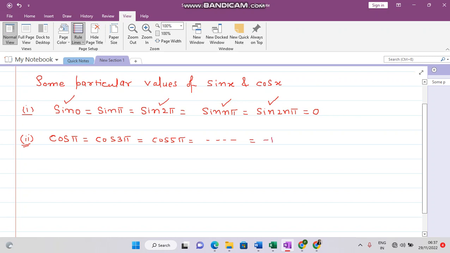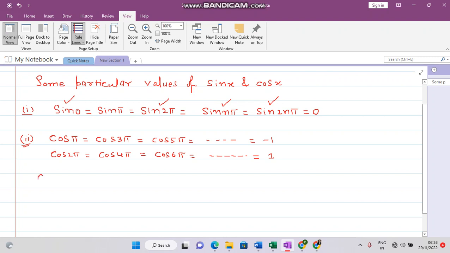Then cos 2 pi, cos 4 pi, cos 6 pi, all these values are equal to 1. So cos at the odd multiples of pi is equal to -1. Cos at the even multiples of pi is equal to 1.